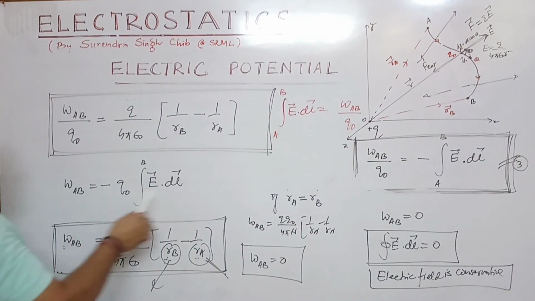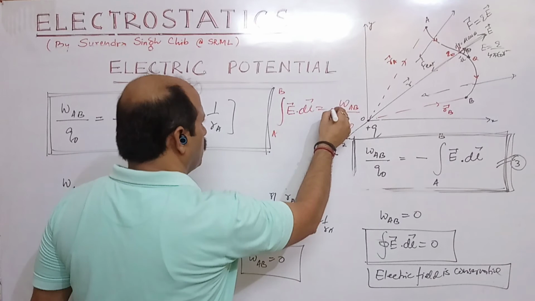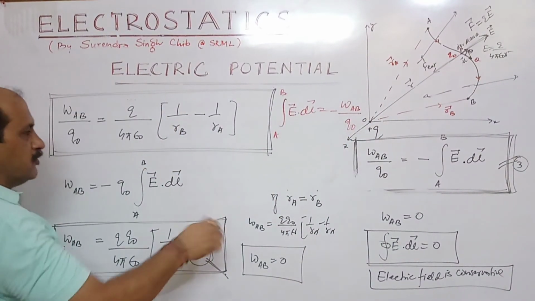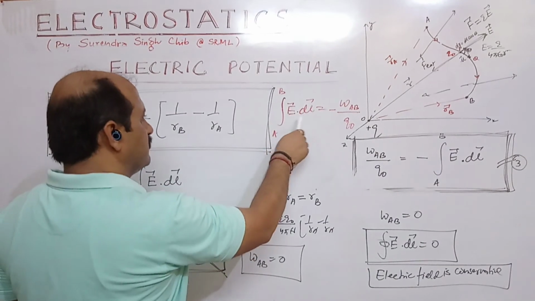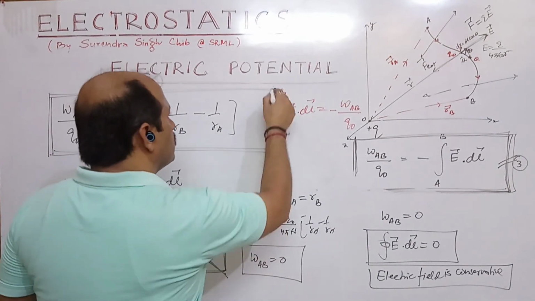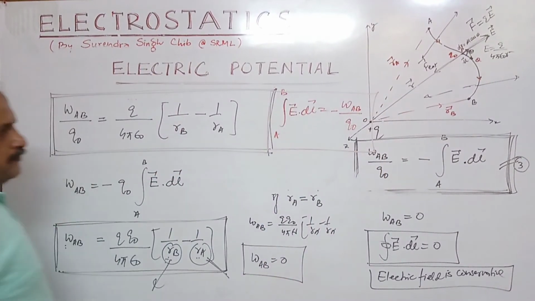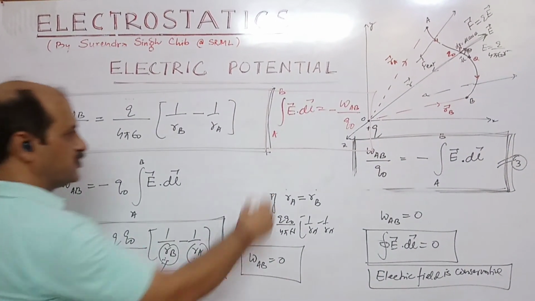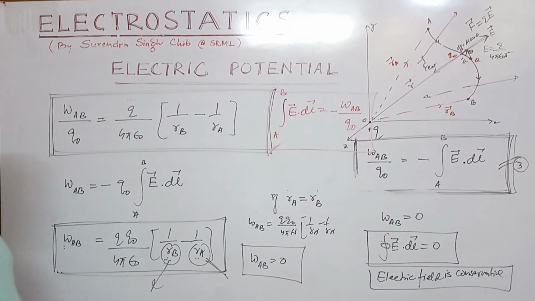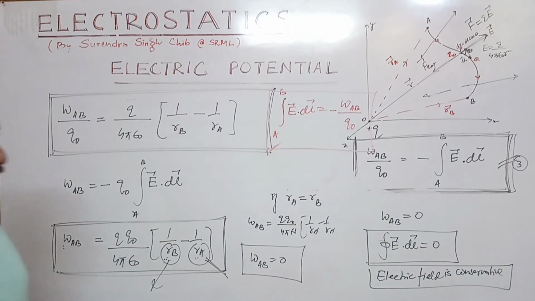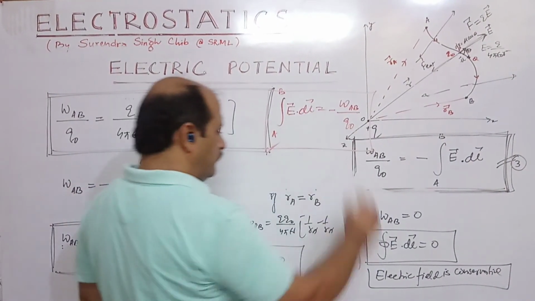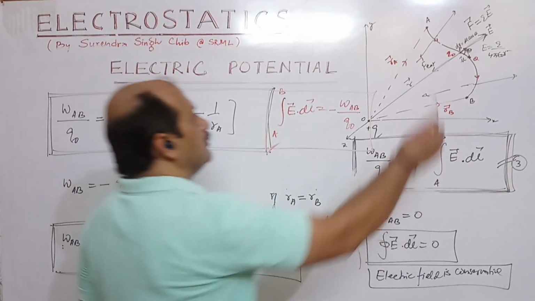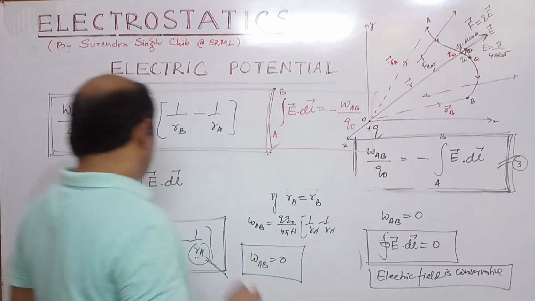Now, negative sign, either you could put a negative sign here or there. There is no problem. It is better to put it here. This is the line integral of electric field. The second one is to prove the electric field is conservative. We have proved it. The third one is the work done in moving a test charge from point A to point B. This is the work done.